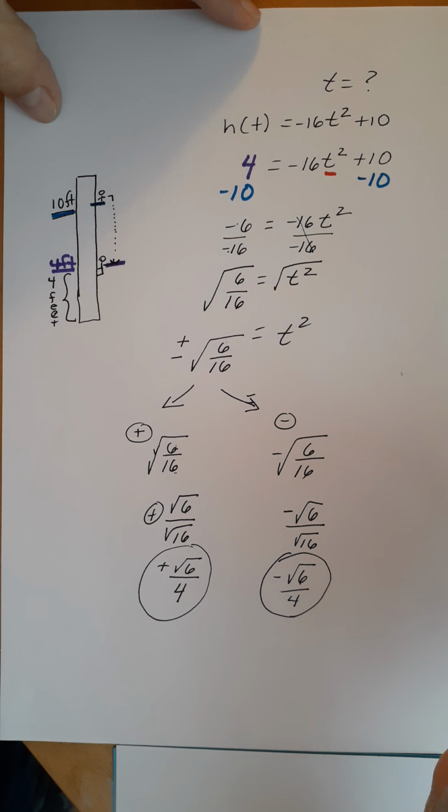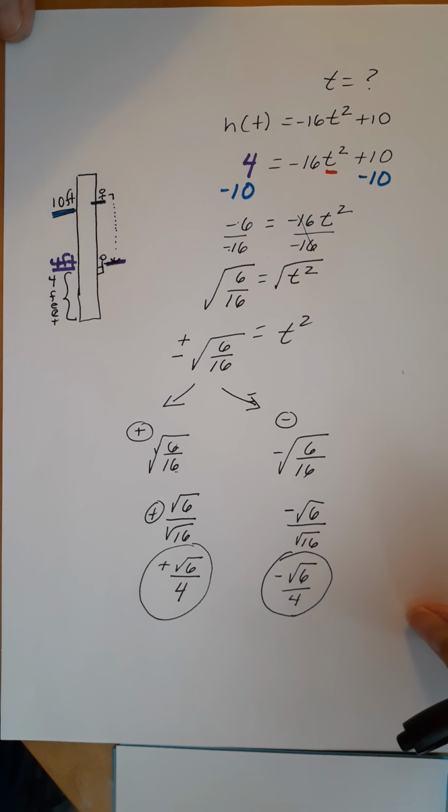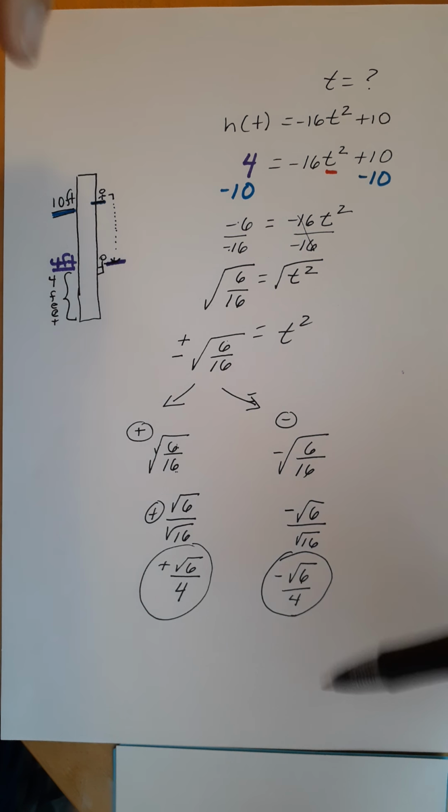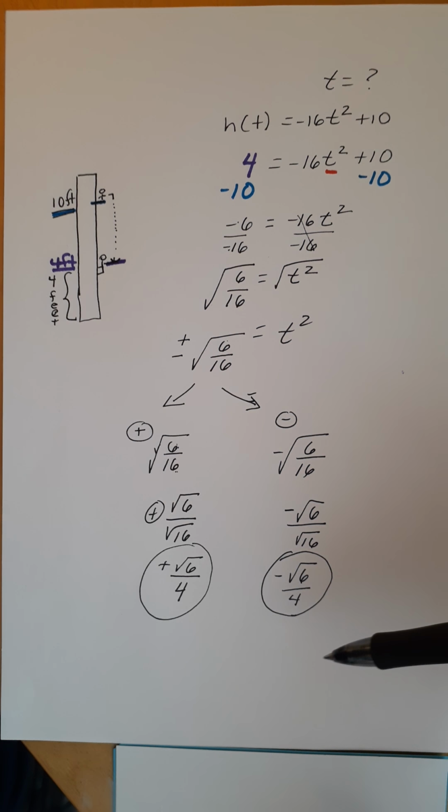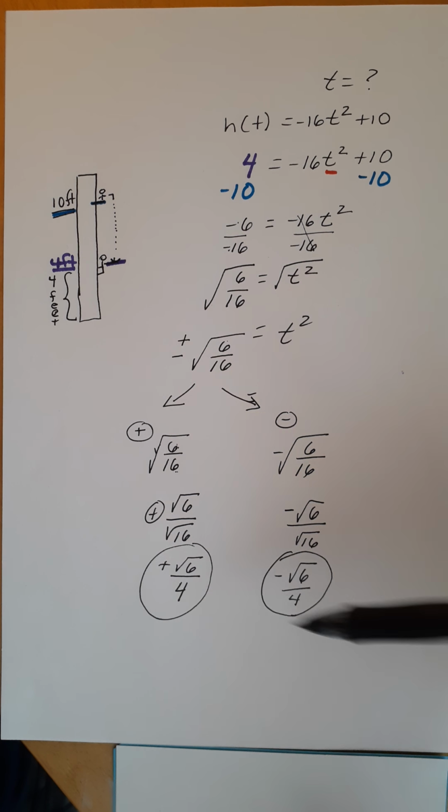Now this is a word problem, and as I've mentioned in a previous video, it has to make sense, and we're talking about time. Unless you've created a time machine that goes back in time, like I tell my students, a negative number could not possibly be an answer. Because this is a t squared, when you calculate it, you always get two answers.